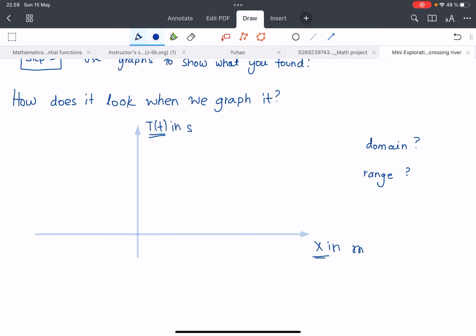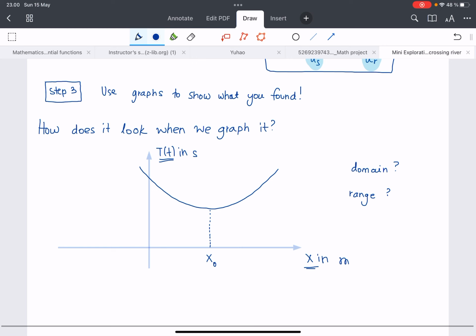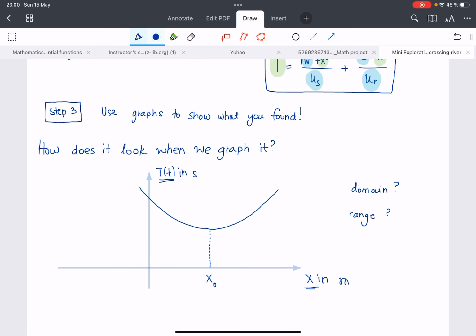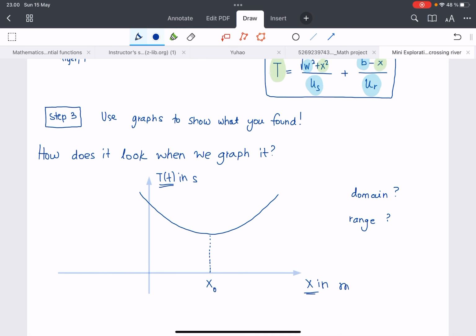And maybe it will probably look like this. And then you can see directly that at this x0, we'll call it, at this specific landing distance, the time it takes for the tiger to reach the buffalo is the shortest.